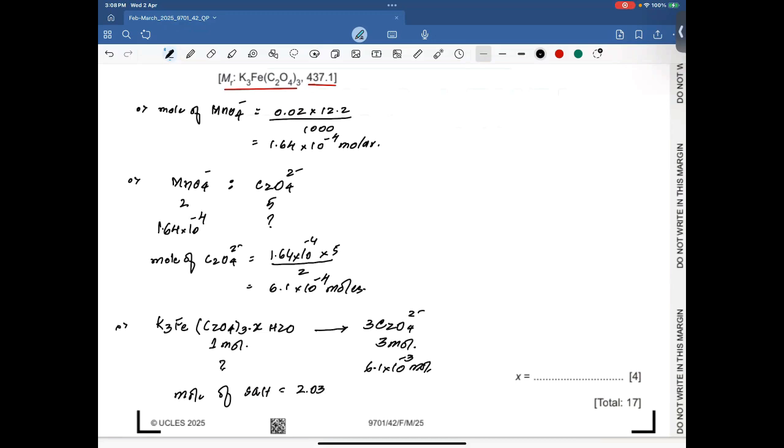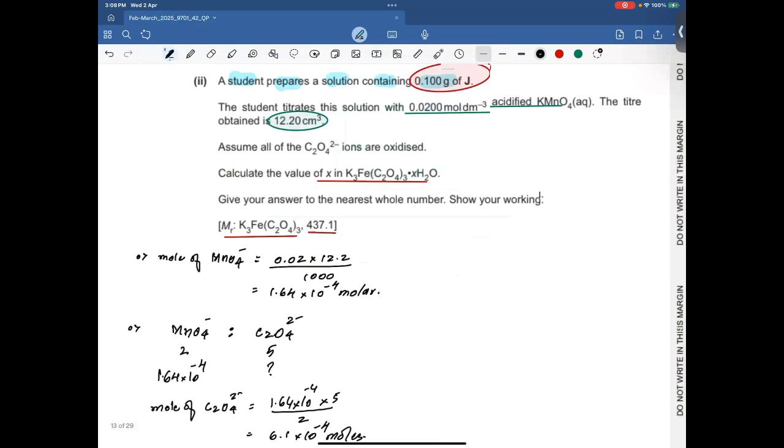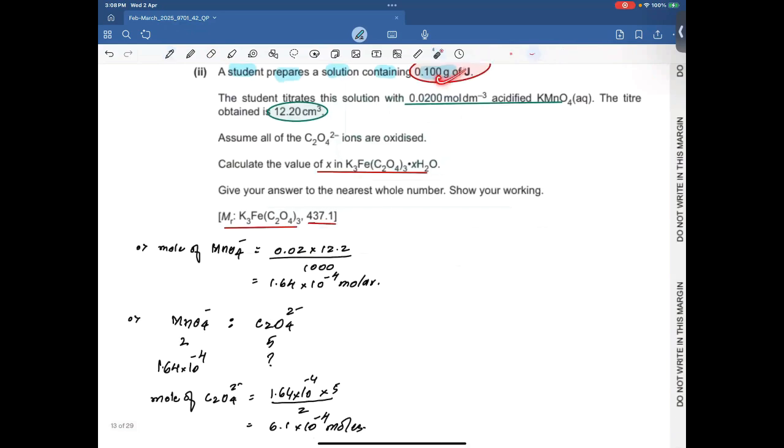So the moles of salt is going to be, my bad, this is not 3, this is minus 4, 2.03 × 10^-4 moles. So I know the moles of salt and I know the mass. I can find the value of Mr of this salt.